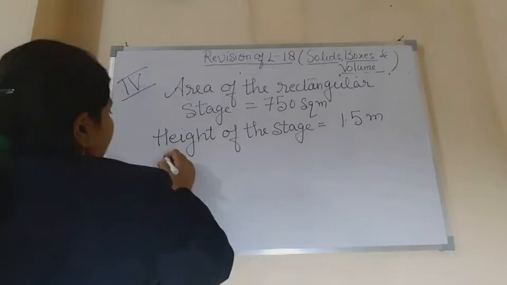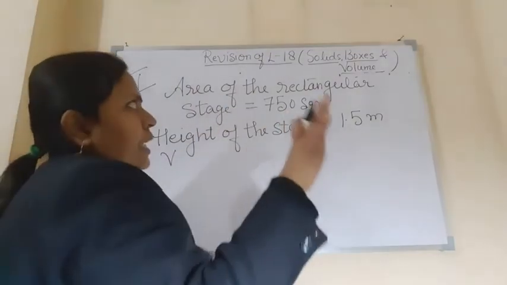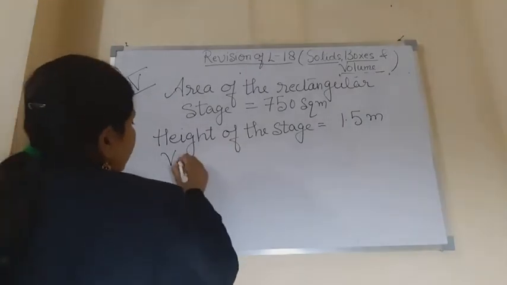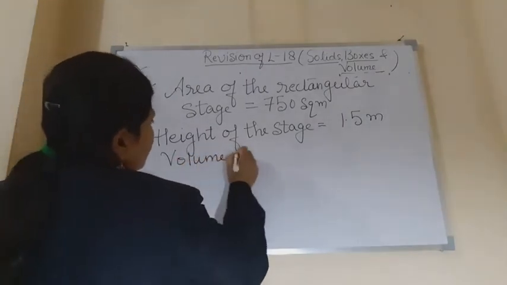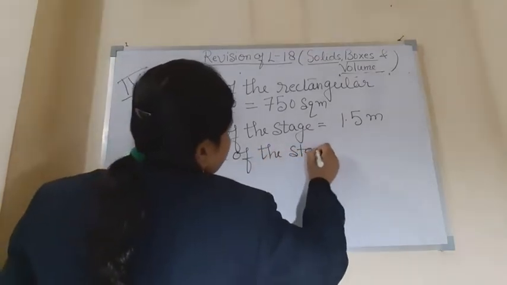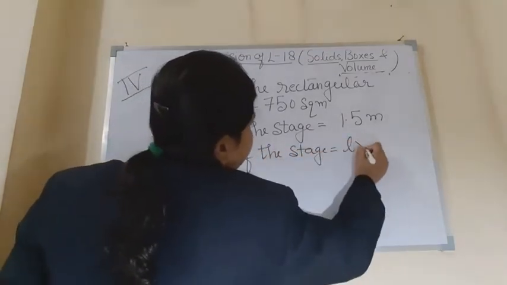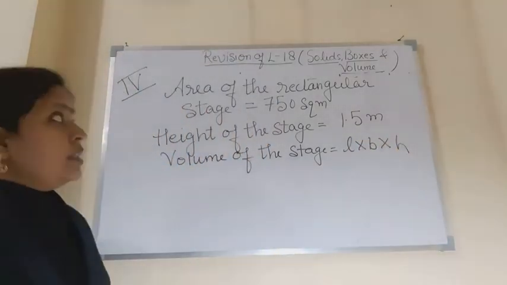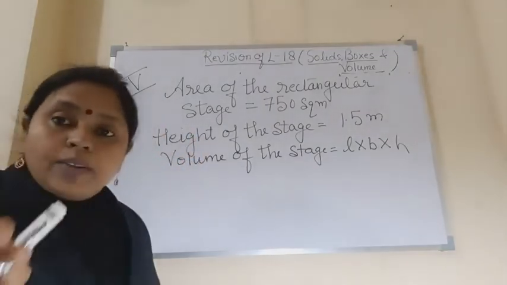Children, we know that since the stage is a cuboid as it is given in the question, we can say that the volume of the stage is equal to length multiplied by breadth multiplied by height. And the area of the rectangular stage is given.